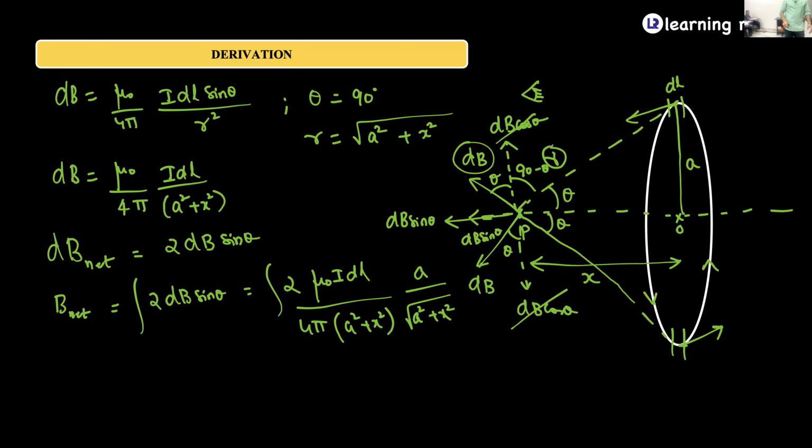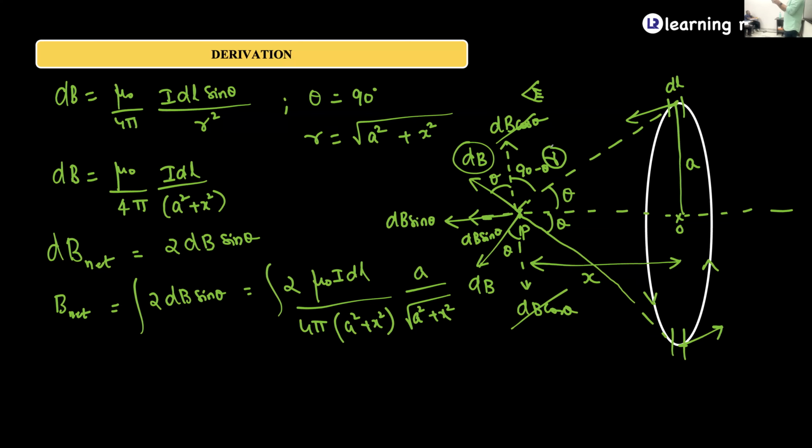Now tell me one thing. You considered one dl here and another dl here. So when this dl is traveling in this direction, this dl will start traveling in the other direction. When I count all these dls, how many dls contributed together to give me the net magnetic field? It is 2 dls, right?